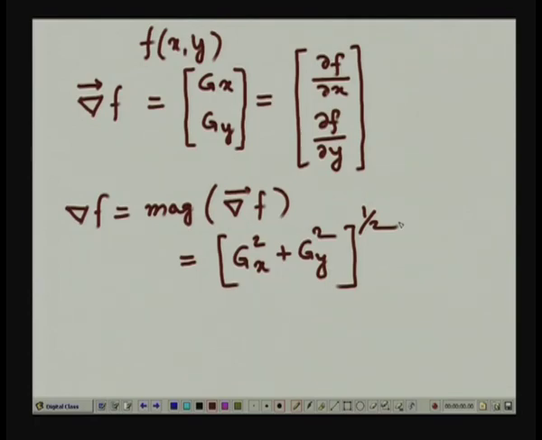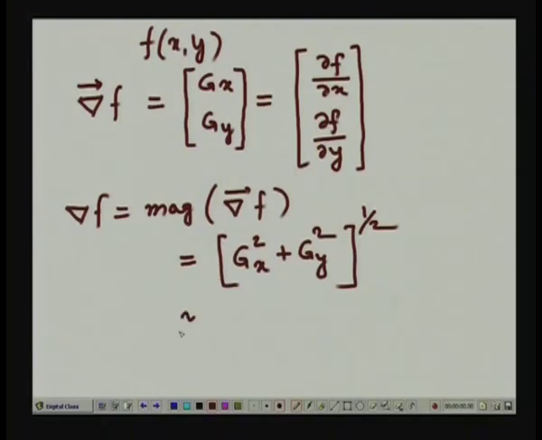And you find here that computation of the magnitude involves squaring the two components g_x and g_y, adding them, and then finally taking the square root of this addition. Obviously, squaring and computing the square root, these two are computationally intensive processes. So, an approximation is taken as the magnitude of the gradient to be the sum of the magnitude of g_x, that is the gradient in the x direction, plus the magnitude of g_y, that is the gradient in the y direction.